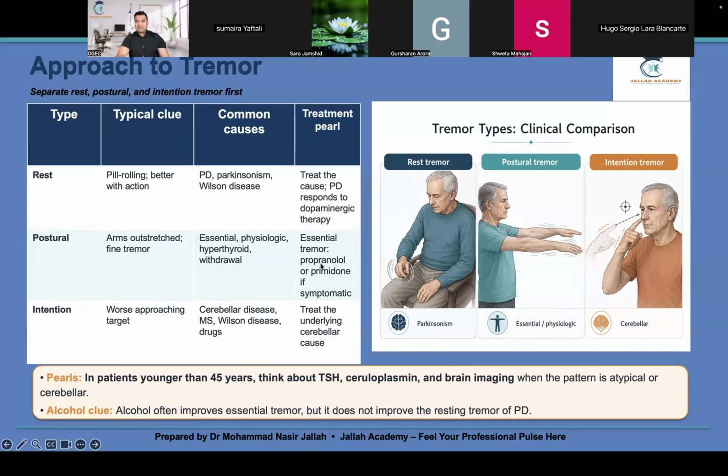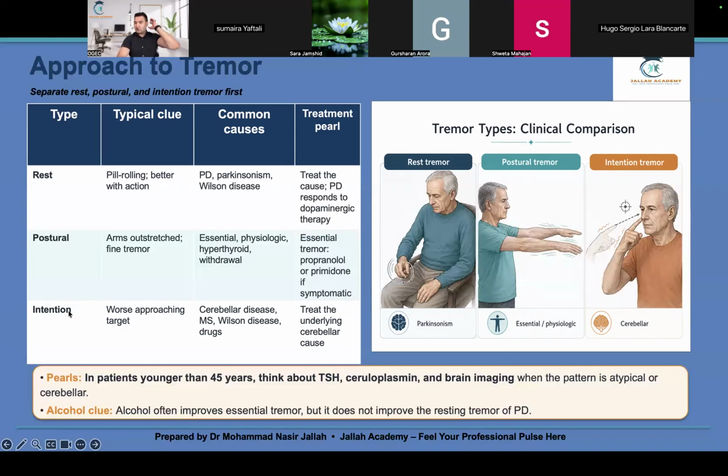But the best medication for this is going to be propranolol. So if I'm not mistaken, for Parkinson's disease, I know levodopa-carbidopa, but for the younger patient with a tremor, I think it's trihexyphenidyl, but I will check it out. Intention: worst approaching target, cerebral disease.